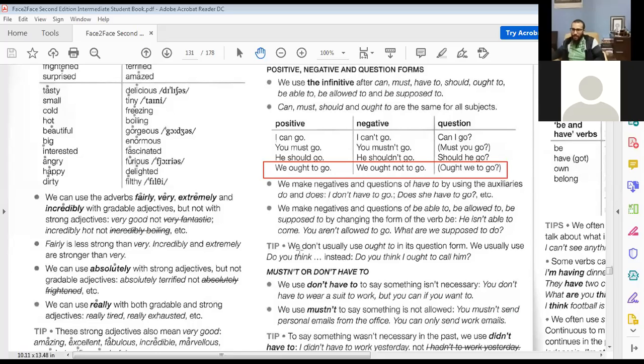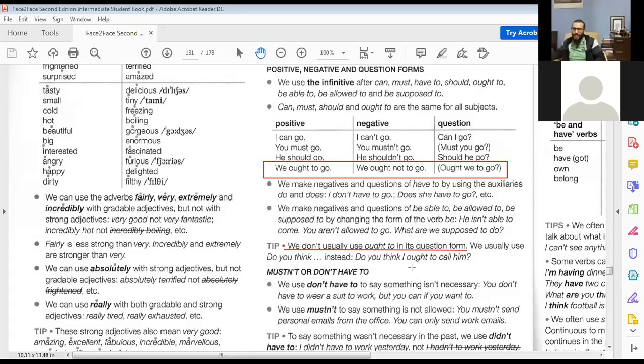And here you can even see it here. There's actually an important tip, and this is one of the reasons why maybe you couldn't find ought to, or you couldn't use it in a question form. Do you see what it says here? We don't usually use ought to in the question form. We just say, do you think I ought to call him?